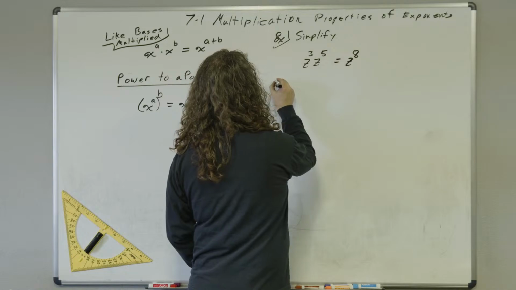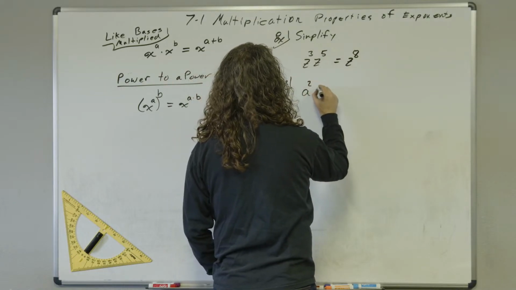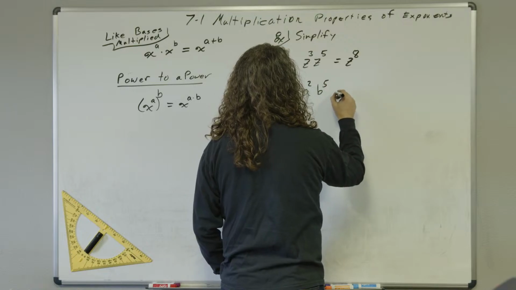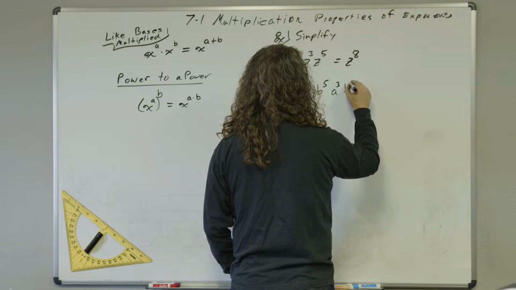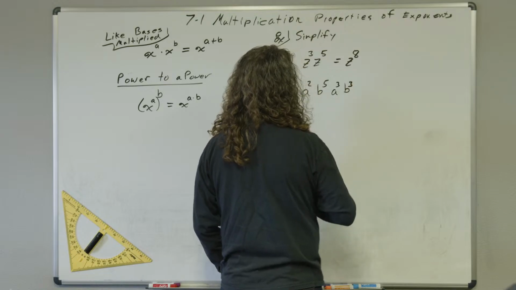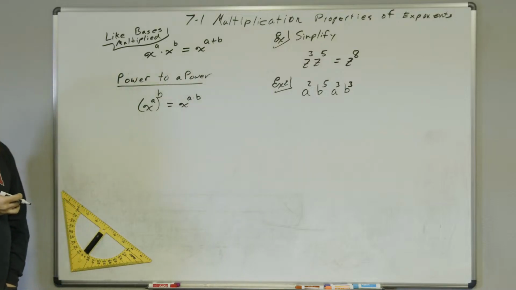Let's do another example. A squared, B to the 5th, A cubed, B to the 3. Is it 2 like bases multiplied together? Yeah.